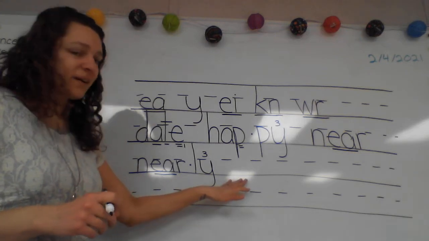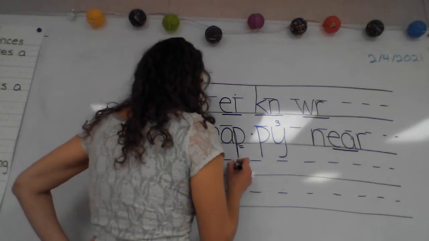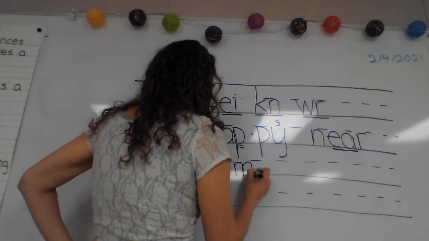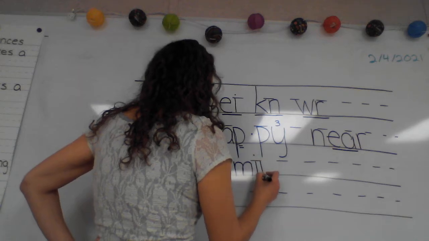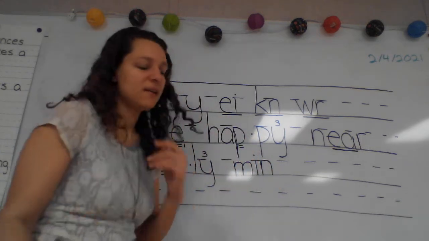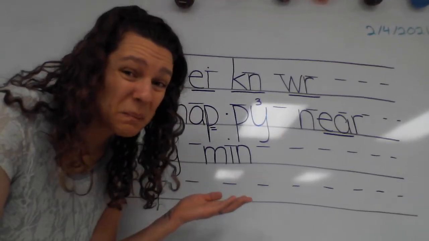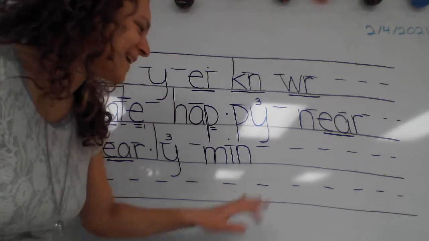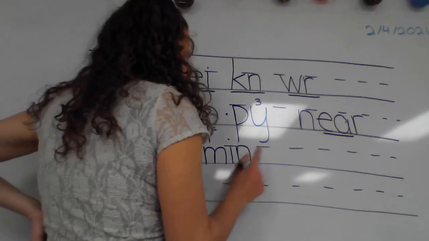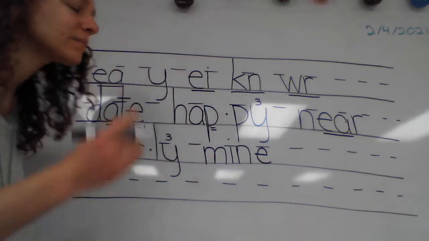All right, put your finger under the first phonogram in that word, class. What is it? Good. I, and good. Wait, if I don't add the silent final E, what's my word? Yeah, it's just min, and that's not a word. What do I need to add? Good. To make my I say I, I have to have that silent final E, job 1.